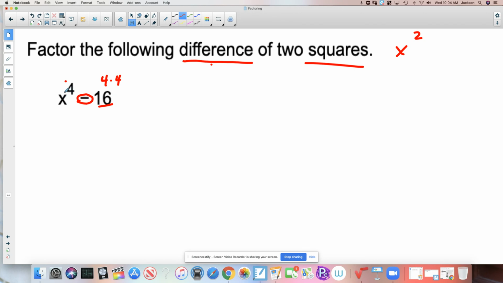This is still a perfect square, because I can multiply x squared times x squared and get x to the fourth. So this exponent does not have to be a 2 in order for this to be a perfect square. But I have to be able to produce this term by multiplying something by itself, because that's what squaring is.